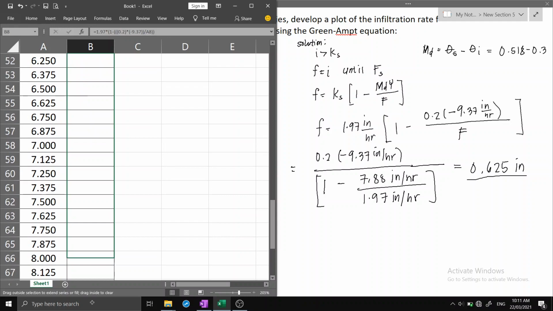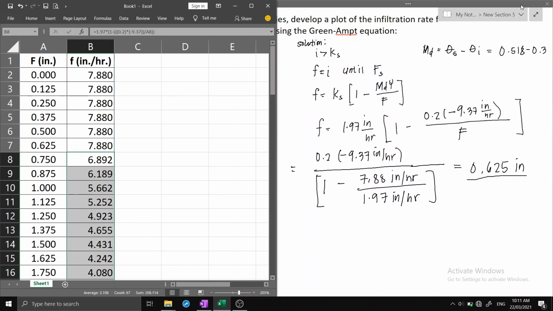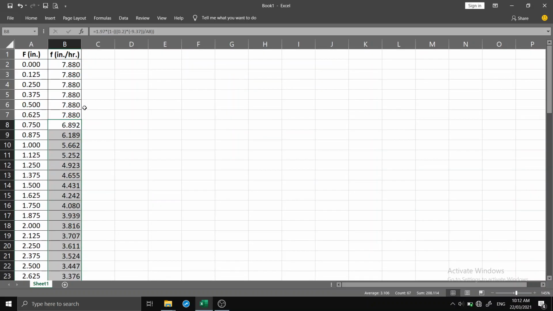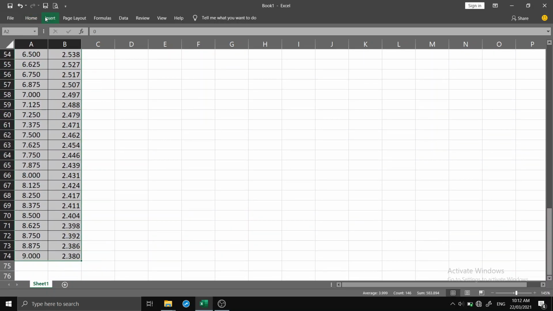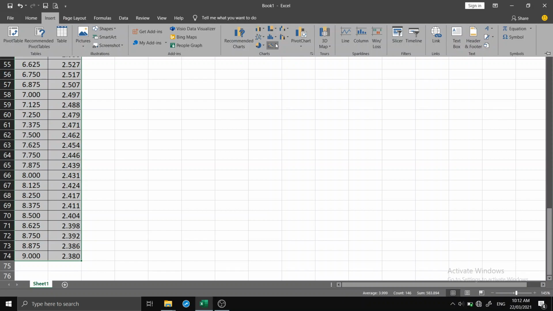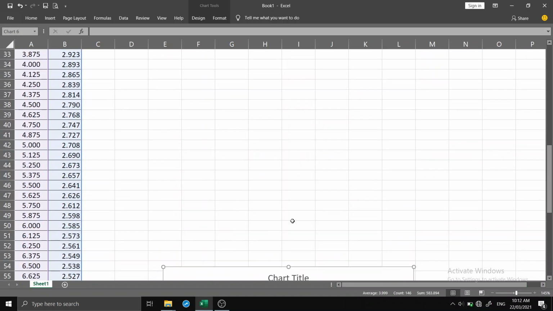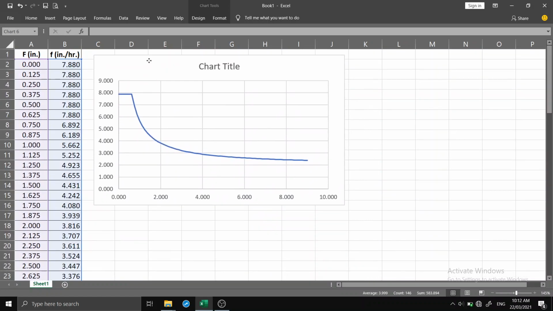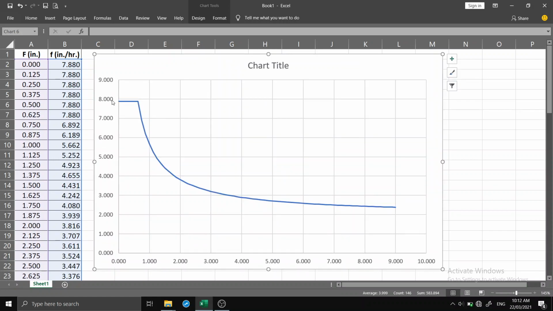So we can drag and then we can plot this. So this is now the plot of the infiltration rate versus the infiltration volume.